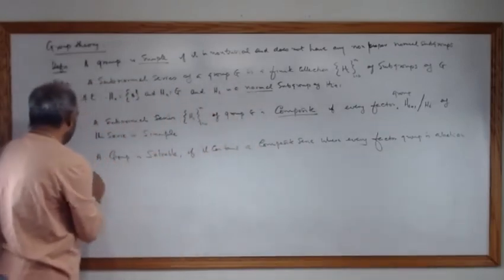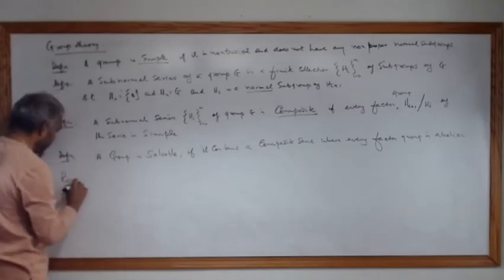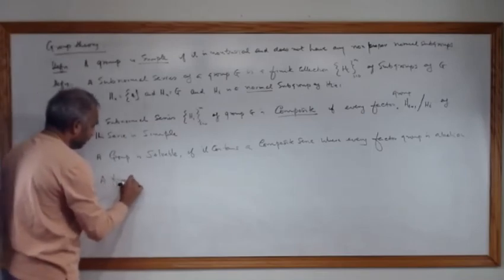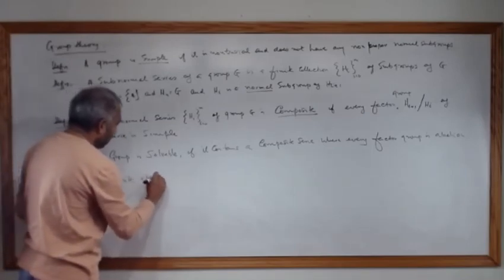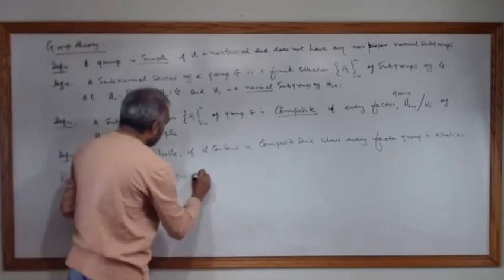So this directly gives another result here. A finite abelian group is solvable.